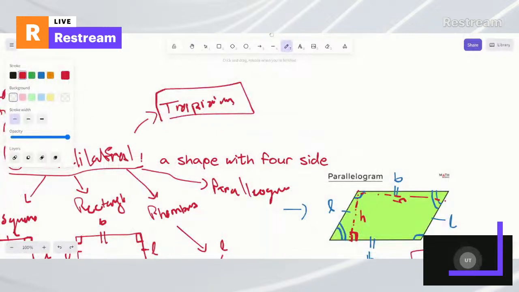So what does a trapezium mean? What does it mean when I say trapezium?